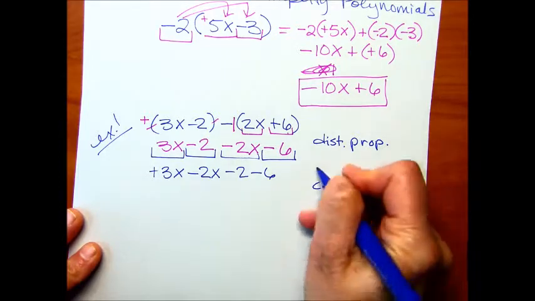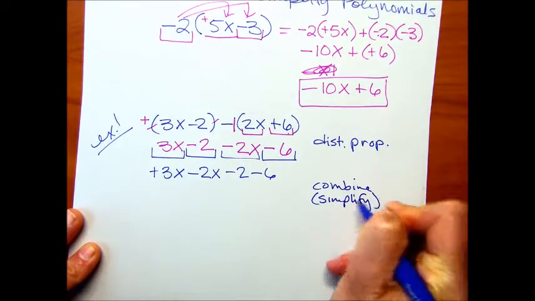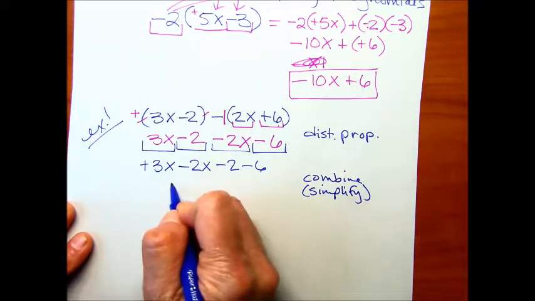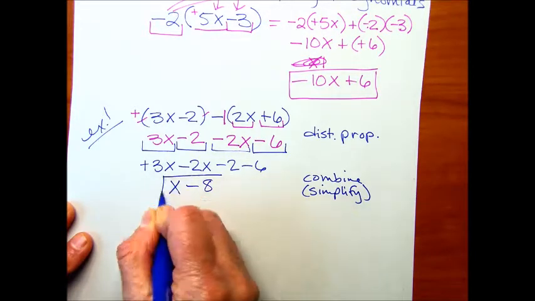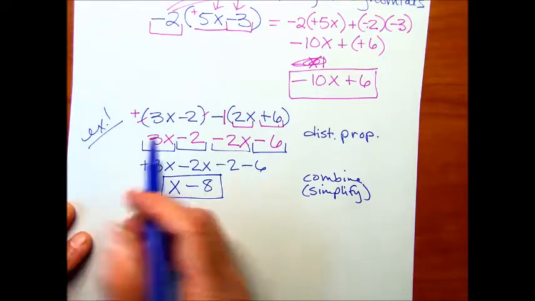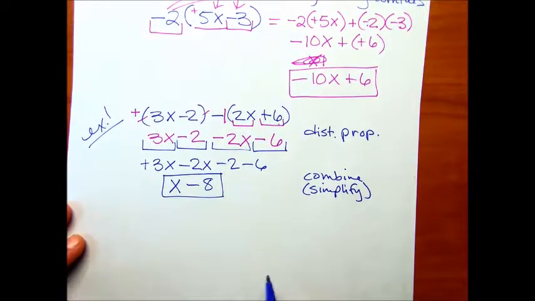Another word for combine is simplify. That's going to give us x, or positive x, minus 8. So that would be our simplified expression of this much larger polynomial subtraction problem.